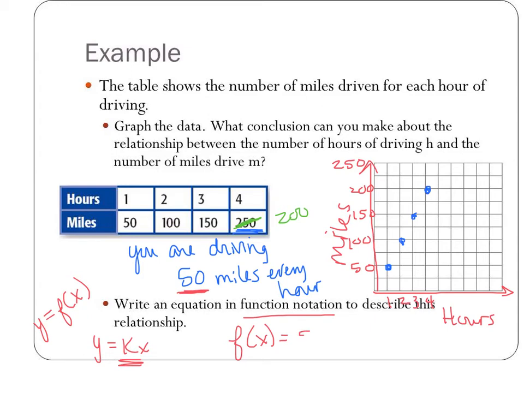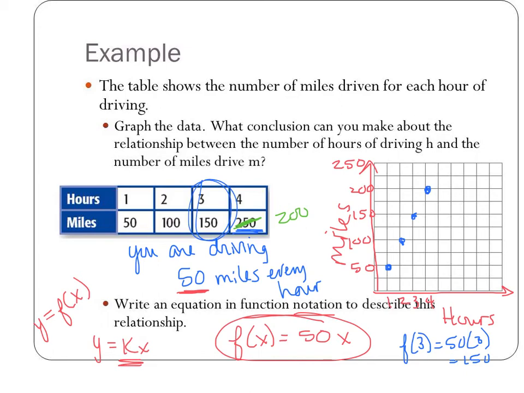We're going to go 50 miles per hour times x hours. So there's my equation. So if I put in 3 for x, if I want to evaluate f of 3 just to make sure this works, 50 times 3 is 150. It's right there. There we go. Okay, so that was proportional.